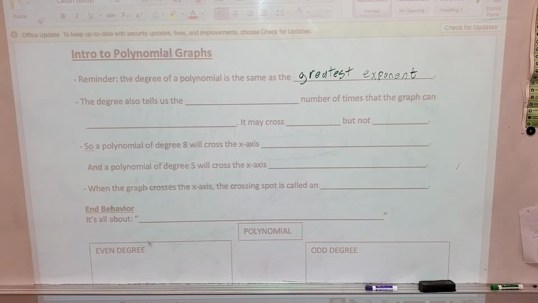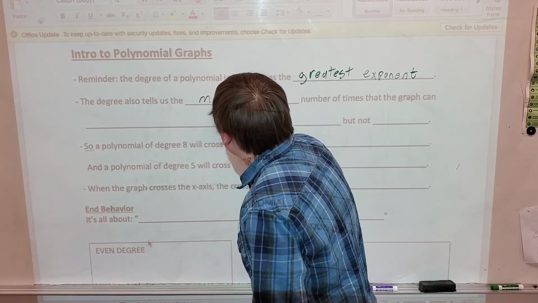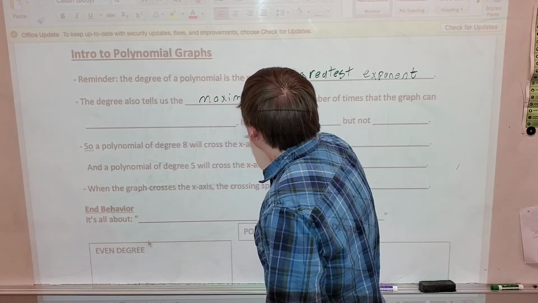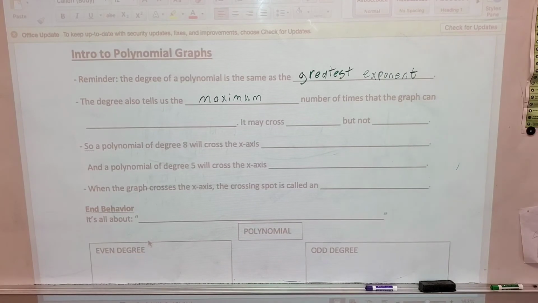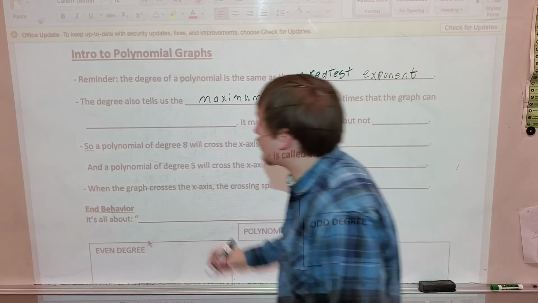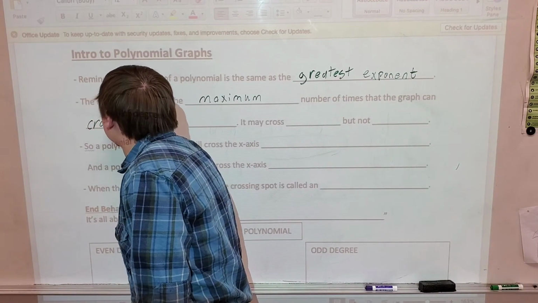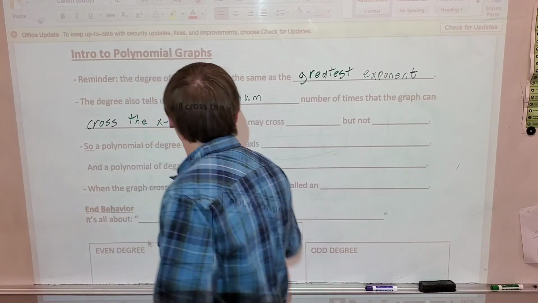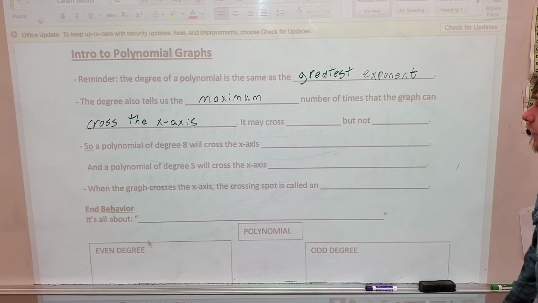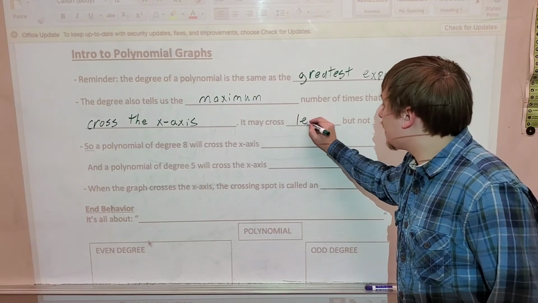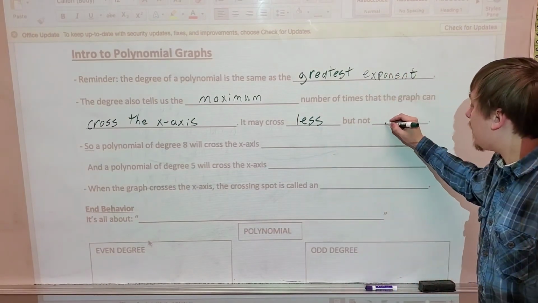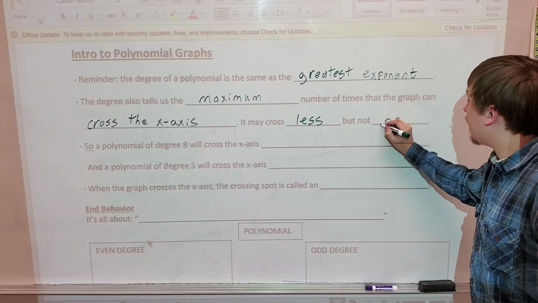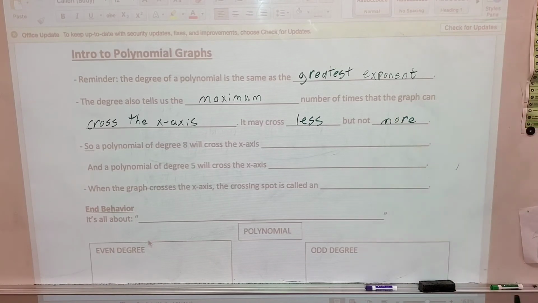It also tells us the maximum number of times that the graph can cross the x-axis. So maximum, of course, means that it may cross less than that, but because it's a maximum, it cannot cross more than that.